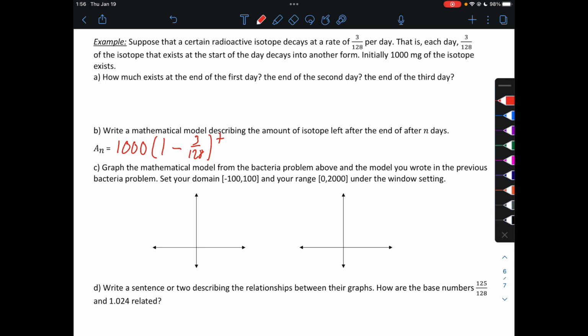On the first day, there'll still be 976.56 milligrams. On the second day, 953.67 milligrams. And on the third day, 931.32 milligrams.